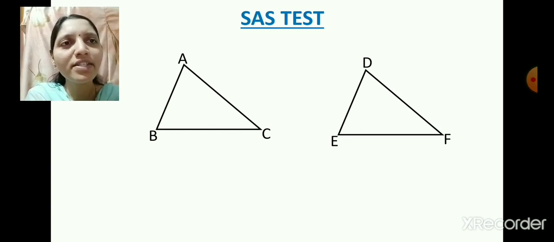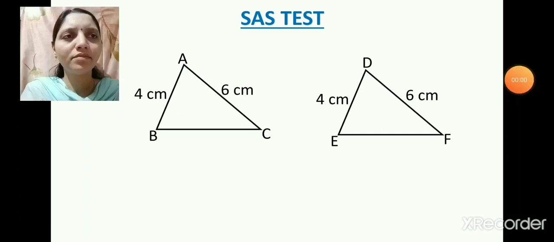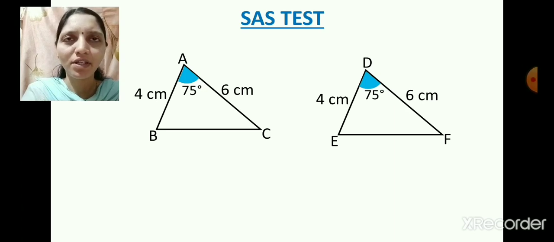Now let's see what is given here. Side AB is given as 4. In triangle DEF, side DE is given as 4 cm. Side AC is equal to side DF, and angle A and angle D are given as 75 degrees.